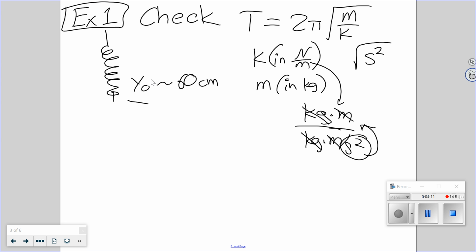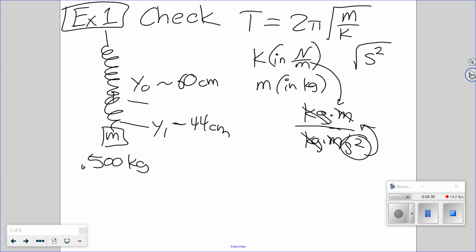So I attach the mass, and call that Y1. And this is 0.5 kilograms. So that tells me both the spring constant and the expected time period of my pendulum.